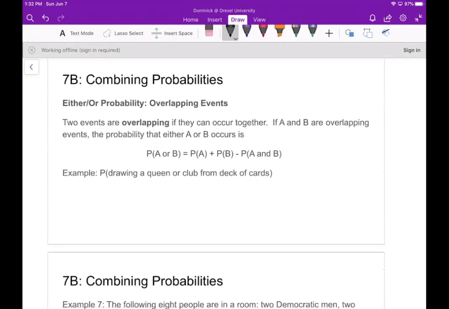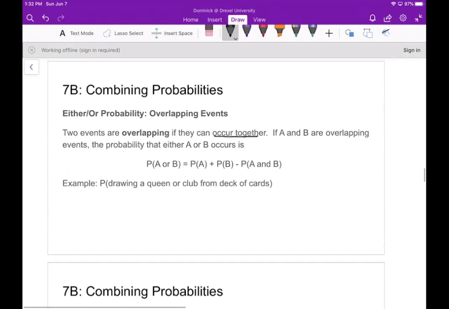Now, if your events do overlap, that means that they can occur together. So in order to avoid double counting, you now have to also subtract off this extra piece here, right? So for example, the probability of drawing a queen or a club from a deck of cards, well, you can also have a queen and a club, right?